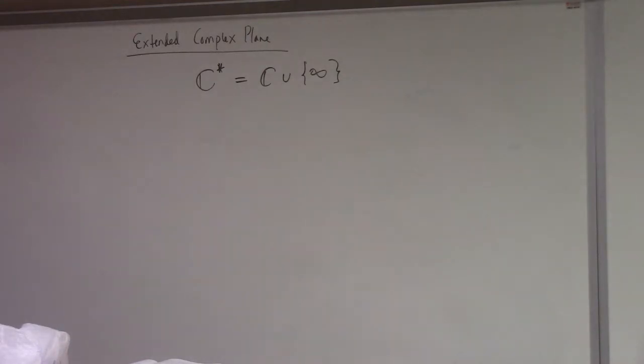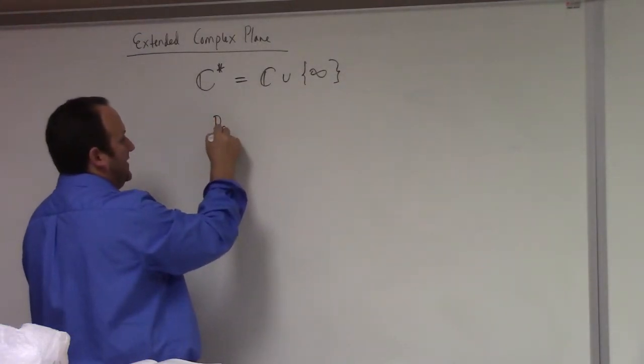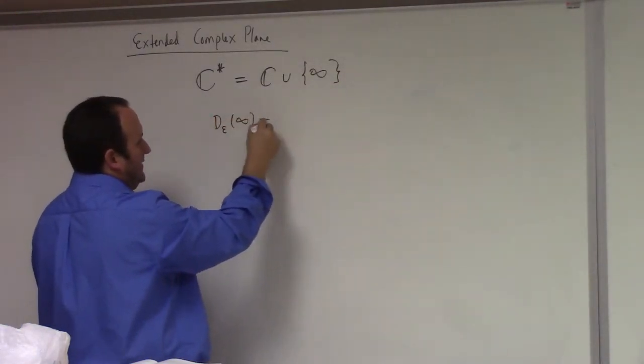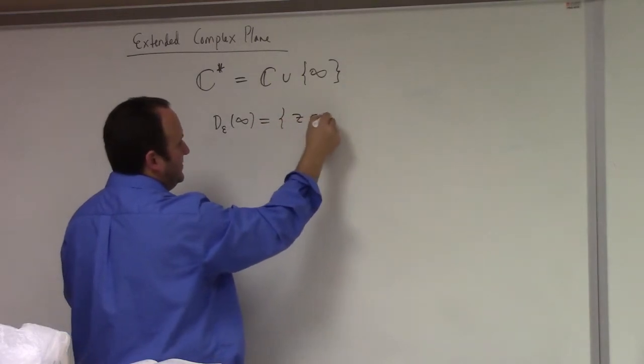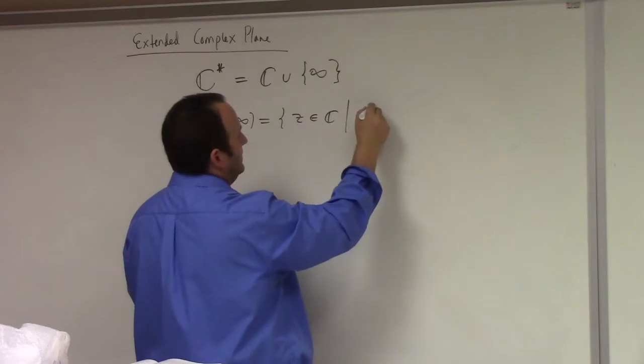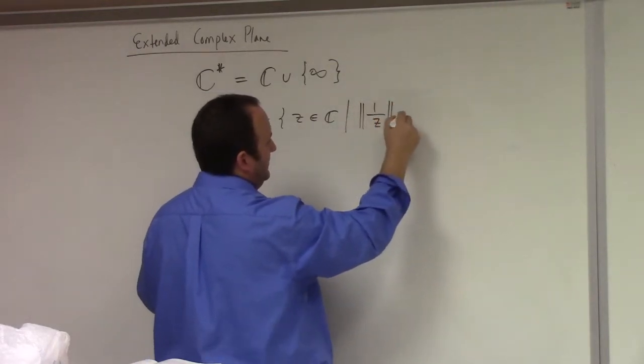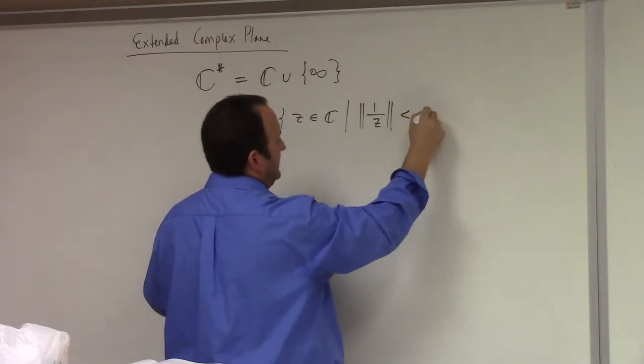So you can do things like talk about neighborhoods of infinity. If I talk about a disk of radius epsilon at infinity, what that's going to be is z in the complex plane such that the modulus of 1 over z is less than epsilon.